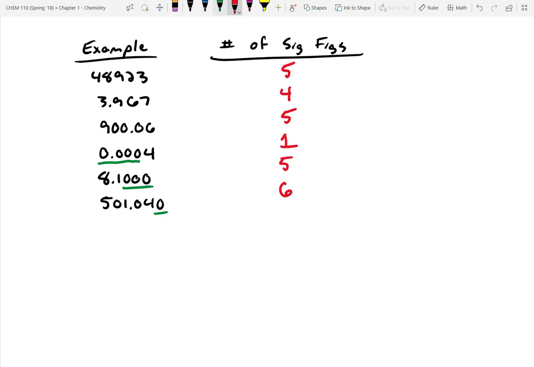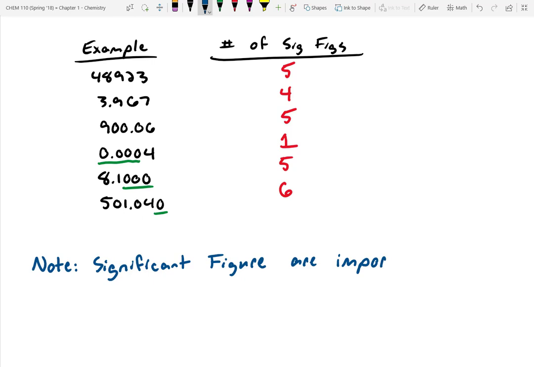All right. I'm going to put down an important note. Significant digits are important for measured values.